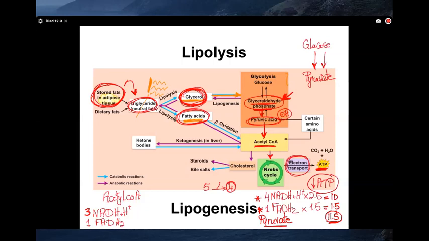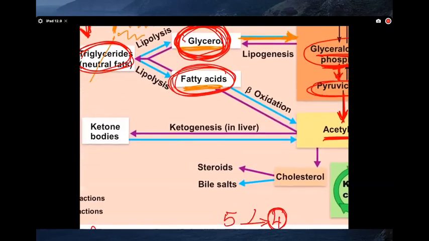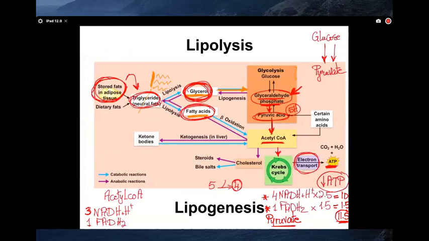If you remember, in the electron transport chain, each NADH is going to be yielding 2.5 ATP. Each FADH is going to be yielding 1.5.